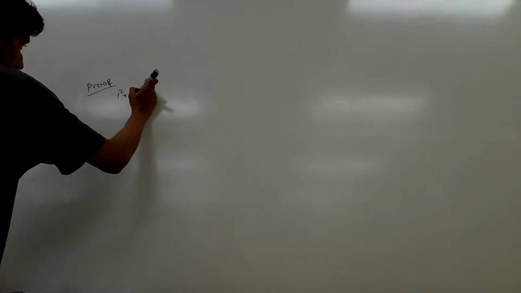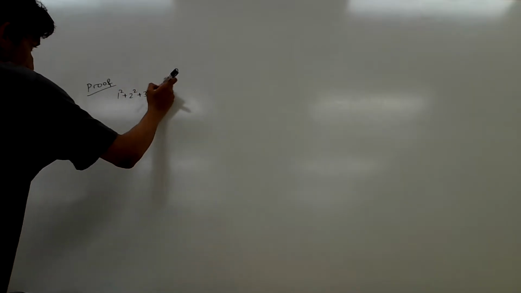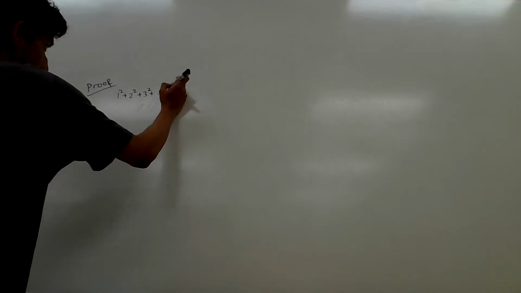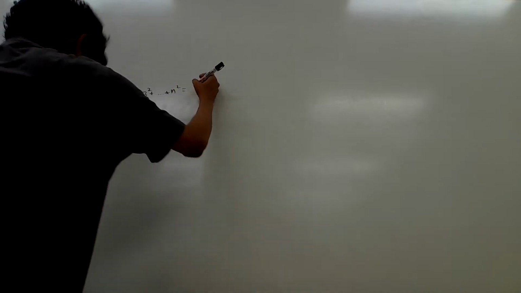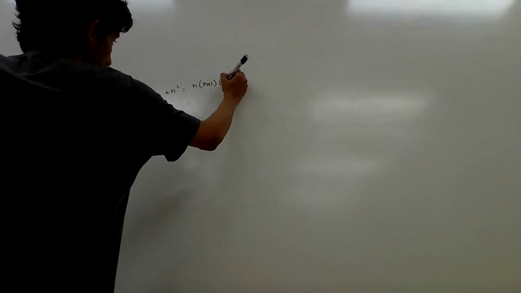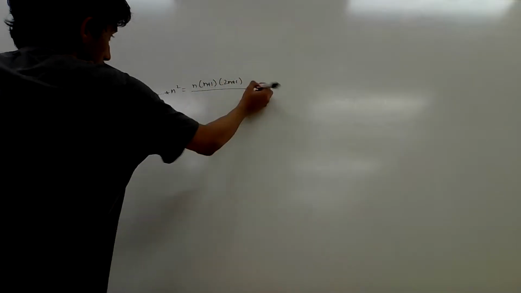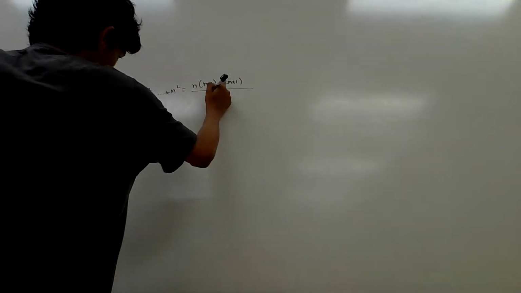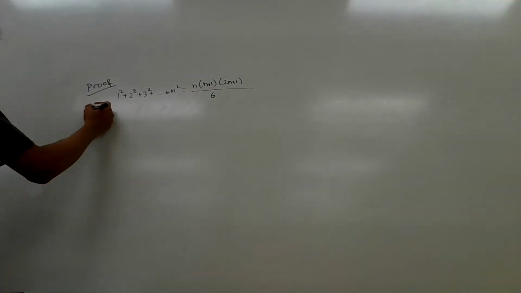The proof of the statement 1 squared plus 2 squared plus 3 squared plus so on until n squared is equivalent to the value of n times n plus 1 times 2n plus 1 divided by 6. So for proving this using mathematical induction, you'll have to prove it for p equals 1.